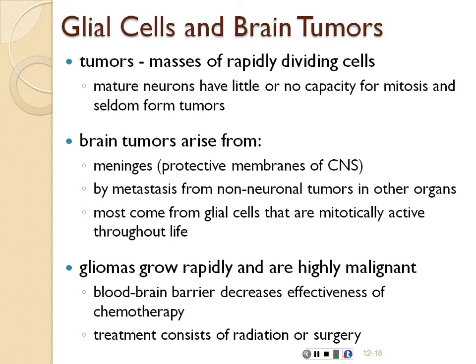Mature neurons have little or no capacity for mitosis and seldom form tumors. Neurons are special cells that live for our entire lifespan, pretty much. The neurons that we have now are the ones that we'll have when we're 90 if we live that long. Some of them will die off, but we never make new neurons, which is a bad thing, especially for people who have neurological disorders or spinal cord injuries.